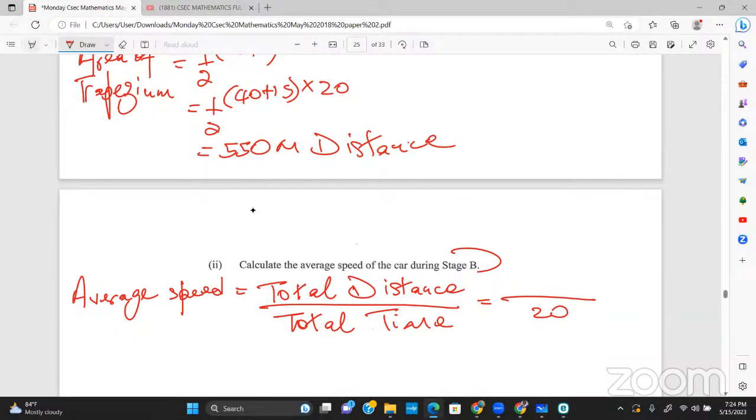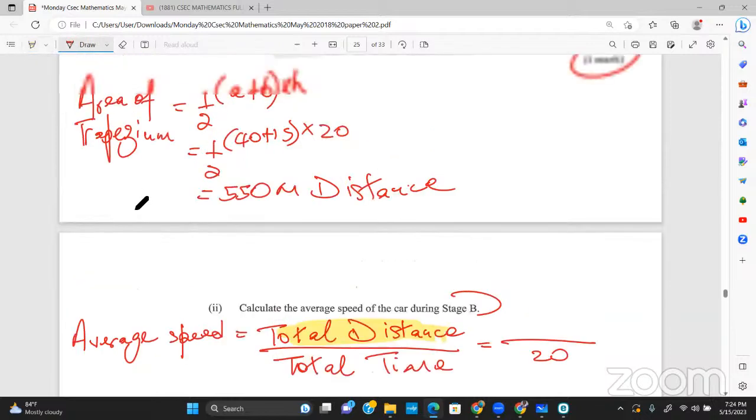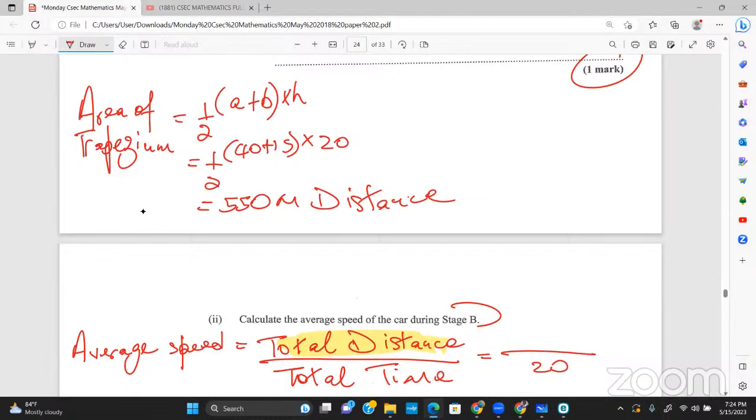I now need that distance to work out average speed, because average speed has distance in it. So this is the 550 that we're waiting on. Finally, 550 divided by the 20 is going to give me the average speed of 27.5 meters per second. Don't leave off the unit. It's meters per second.